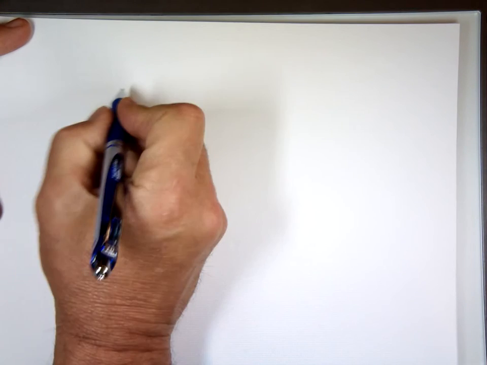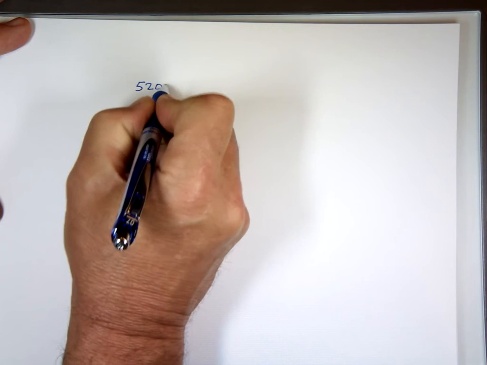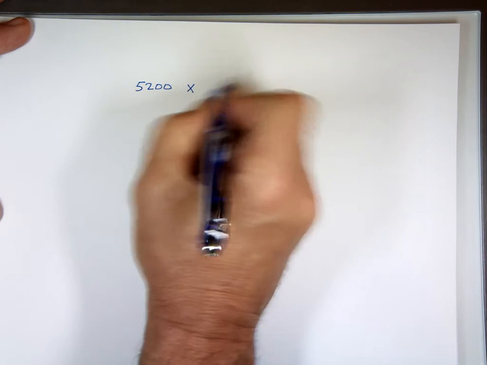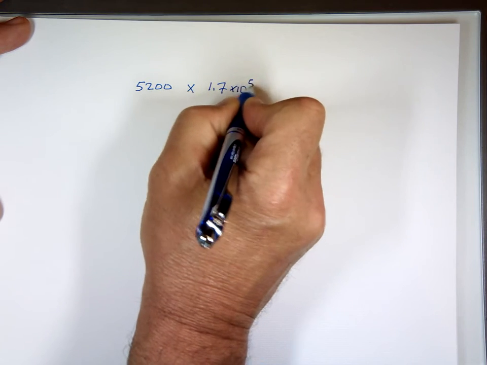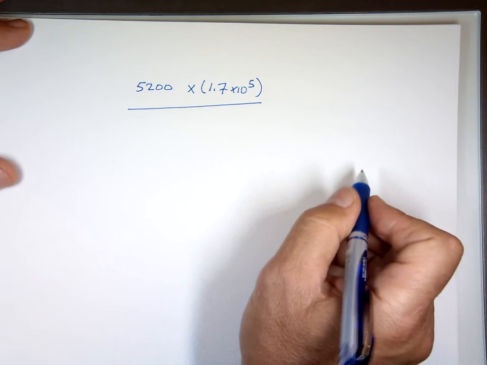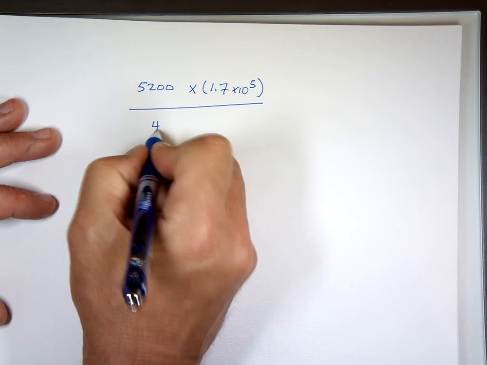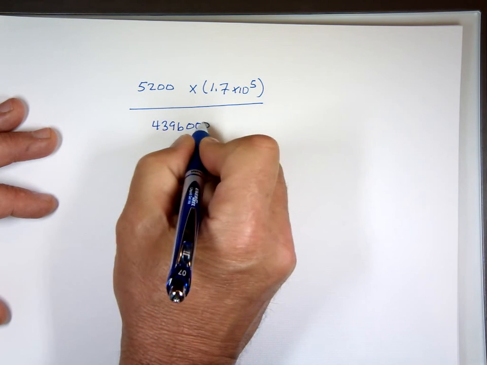I'll mix and match even modes. 5,200 times 1.7 times 10 to the power of 5 divided by 4,396,000,000.